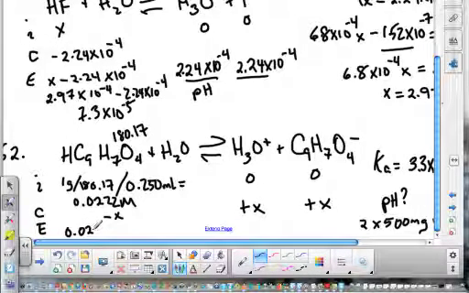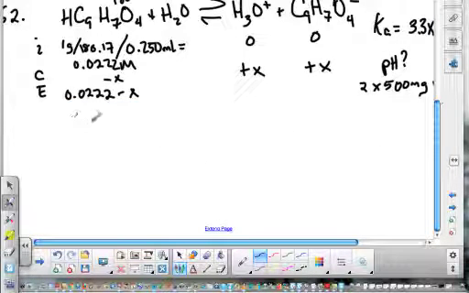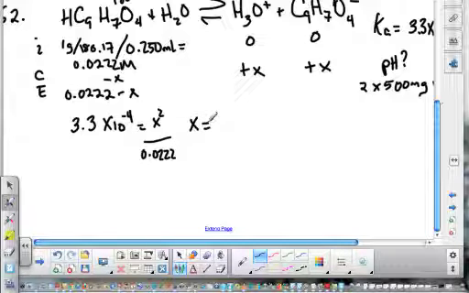What you're going to do is solve the equilibrium problem doing the approximation, so the math is easy. 3.3 times 10 to the minus 4 equals X squared over 0.0222. So go ahead and do the math. X is equal to 2.71 times 10 to the minus 3.